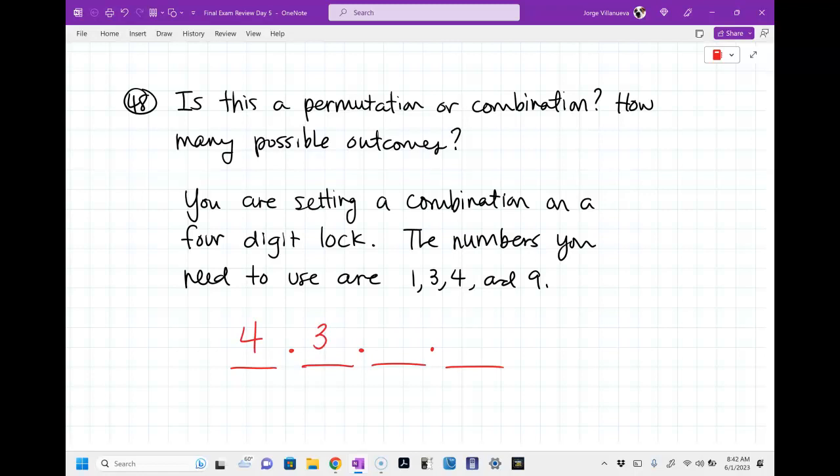Because if I happen to use a 9, I can't use a 9 again. So that means I only got 3 options. That means the next one has an option of 2 numbers and 1, okay? So 4 times 3, that's going to be 12. 12 times 2 is 24. 24 times 1 is still 24. So your options, total combination for that would be 24.